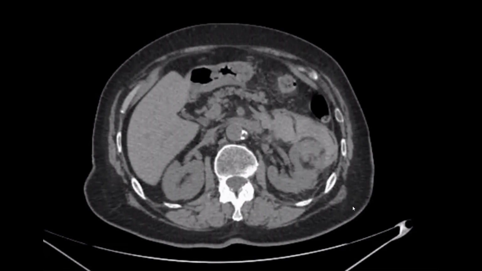I think 4 centimeters, but I'm not sure. Yeah, 4 centimeters. If we have angiomyolipoma more than or equal to 4 centimeters, there is a high risk of bleeding, more than 50%. If it is less than 4 centimeters, the risk of bleeding is between 10 and 15%. So 4 centimeters is highly suggestive of a high risk of bleeding angiomyolipoma.